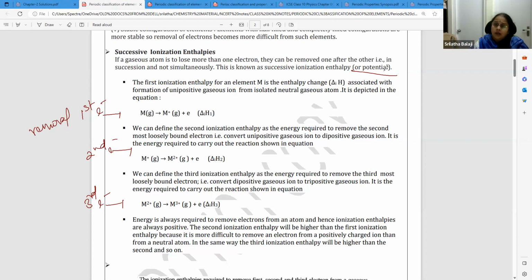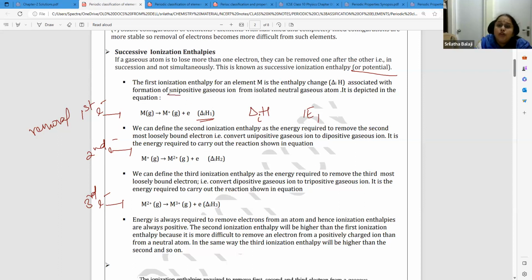So what is the first ionization enthalpy? Thermodynamically, we give it as delta Hi. It's called ionization enthalpy. Now, for our understanding, I'll call it IE1. IE1 is the first ionization enthalpy. What is the first ionization enthalpy doing?